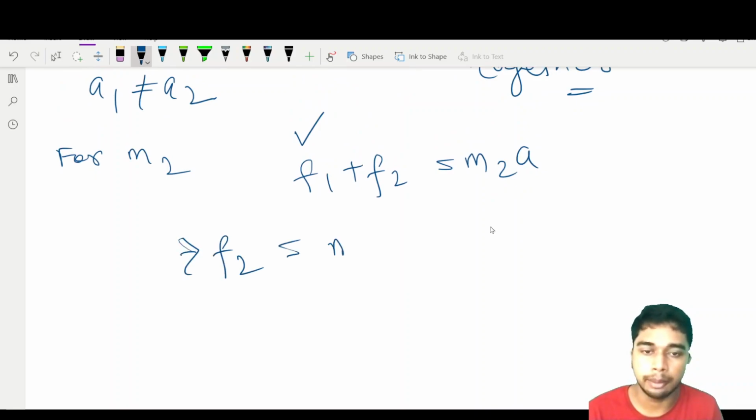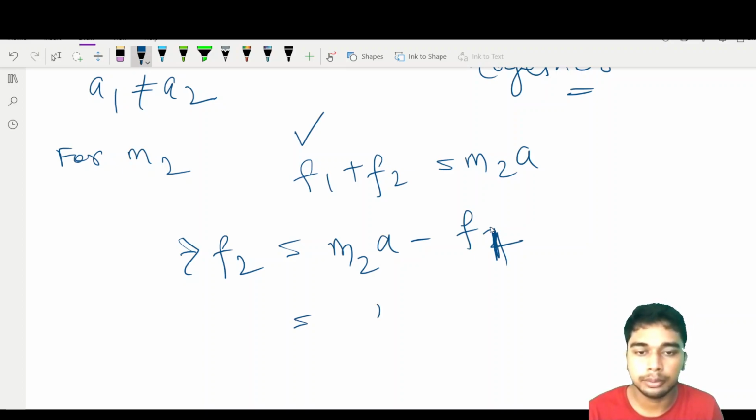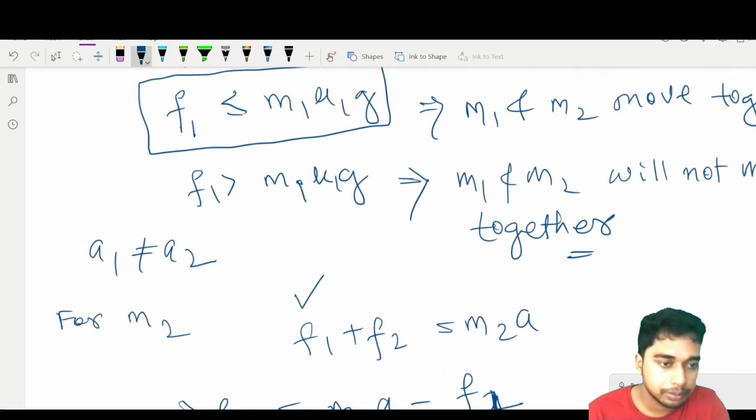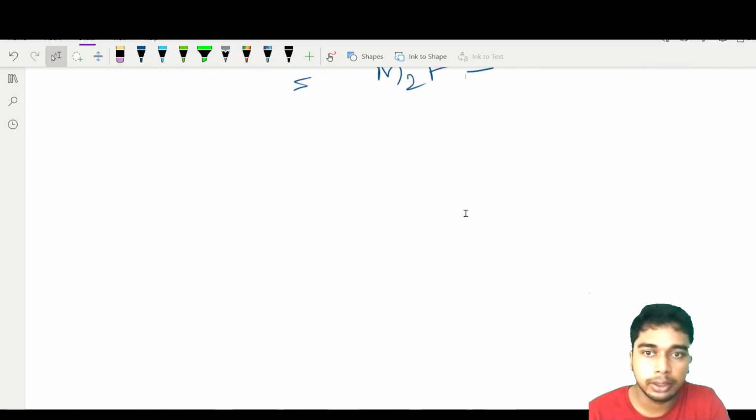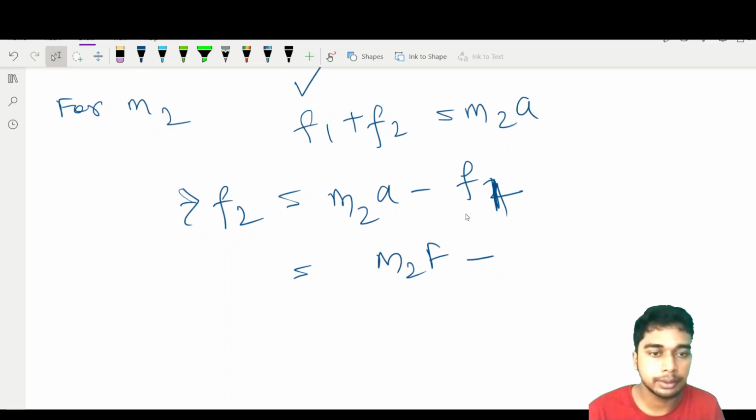So F2 will be m2a minus F1, sorry, this will be F1. So I will just write m2a minus F1. I already calculated F1 is (m2 plus m3)F minus m3F.